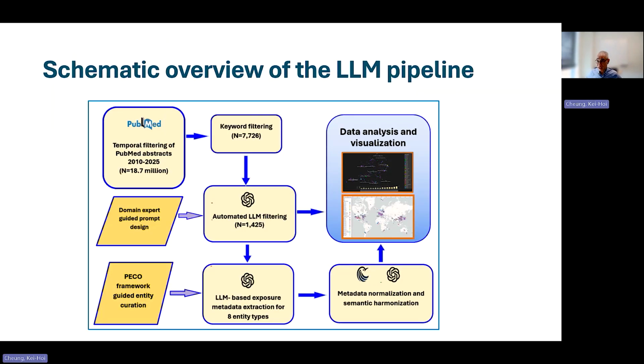Now, this is the schematic overview of our LLM pipeline. We started with this literature corpus from PubMed. We use all the PubMed titles and abstracts from 2010 to 2025.